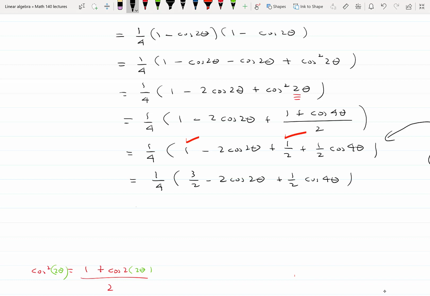And maybe distribute the 1/4 so we get 3/8, minus 2/4, which is 1/2 cosine of 2 theta, plus 1/8 cosine of 4 theta. Okay, let me make sure I believe all this. Looks pretty good.